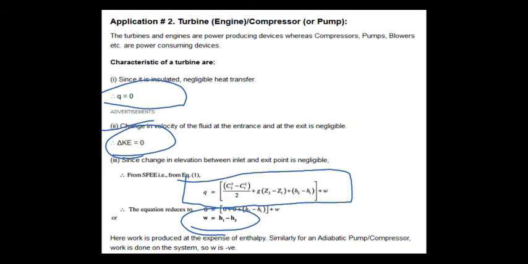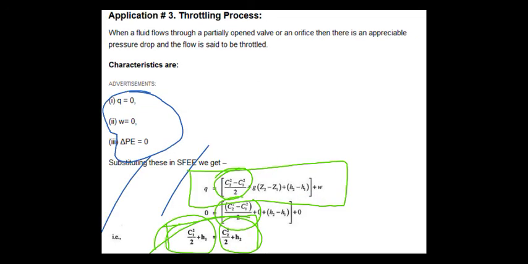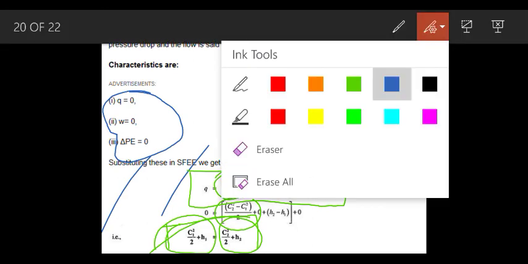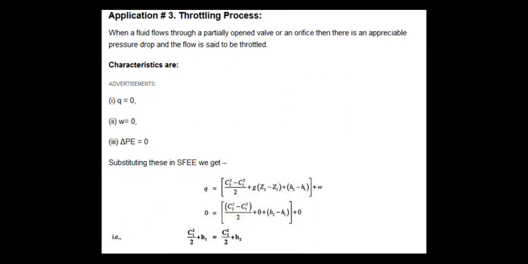We are neglecting potential energy, and we obtain work done as W is equal to H1 minus H2. This is the equation for the throttling process. Here, in the throttling process, potential energy is taken as 0, work done is taken as 0, and when substituting we get an equation like this.